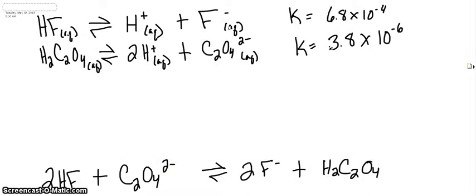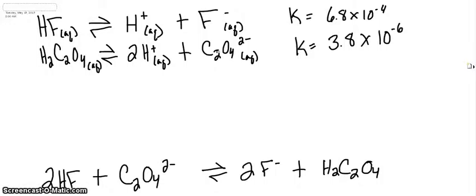Let's look at an example. So up at the top, we're given two reactions that are supposed to add up to the bottom reaction. The first reaction is HF goes to H plus F minus, where the K value is 6.8 times 10 to the negative 4th.